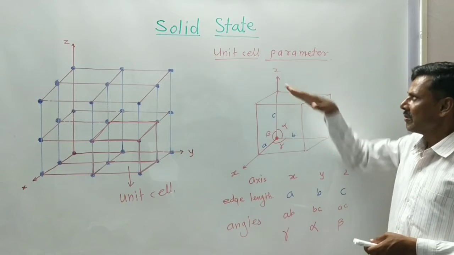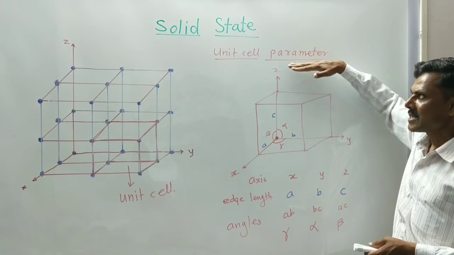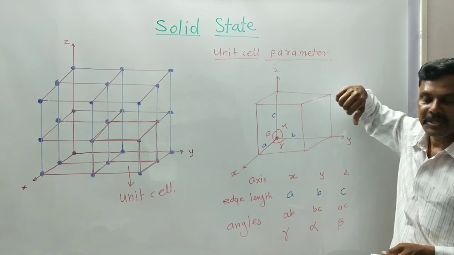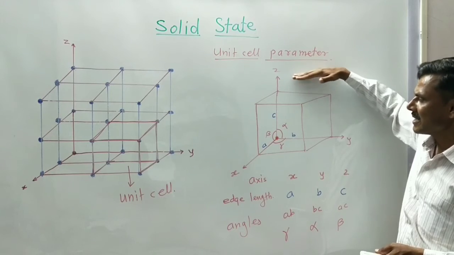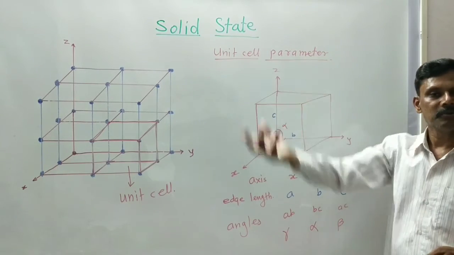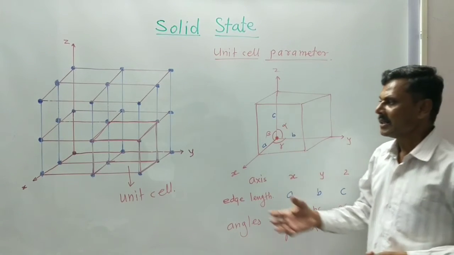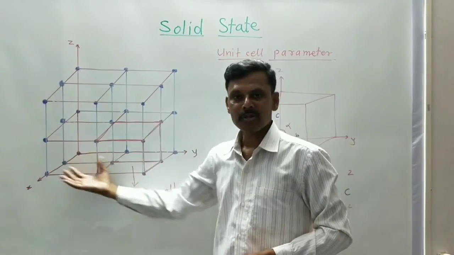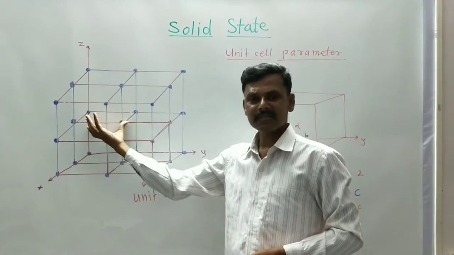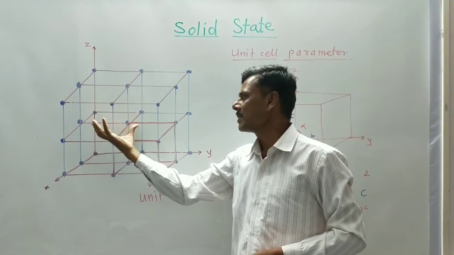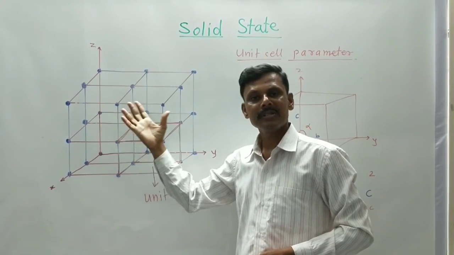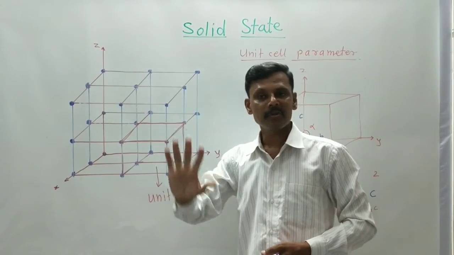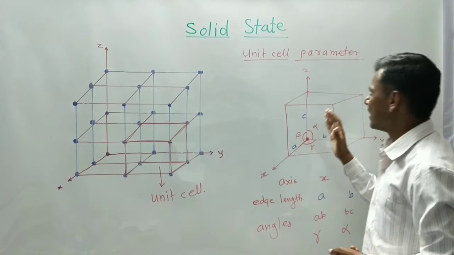So why do we have to determine these parameters of the unit cell? By using these parameters, we can understand the 7 types of crystal system. So this is one type of crystal system. We have to learn about such 7 types of crystal system.